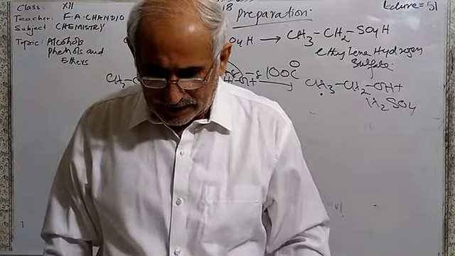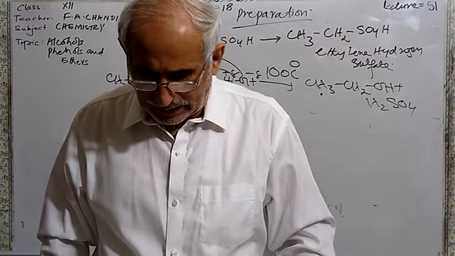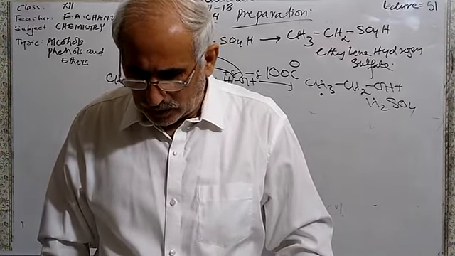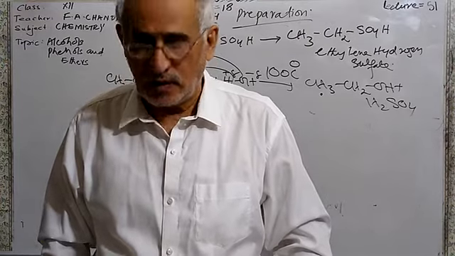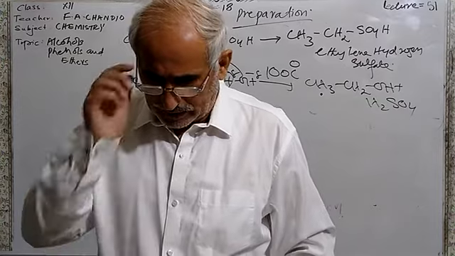Then the second method is hydrolysis of alkyl halides. Alkyl halides can be converted into alcohols by using an aqueous solution of sodium or potassium hydroxide.